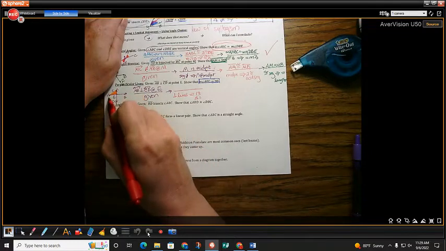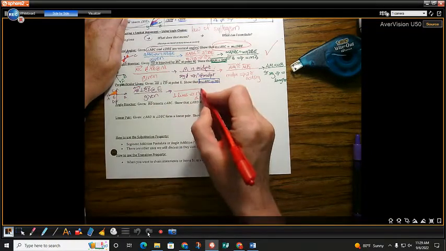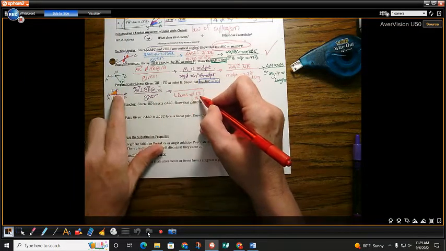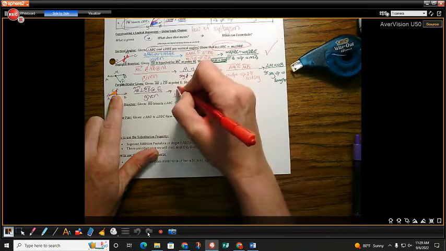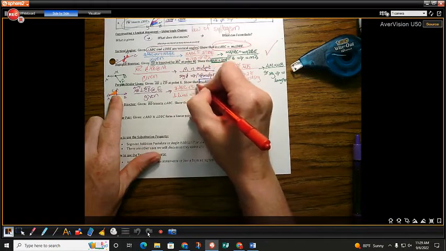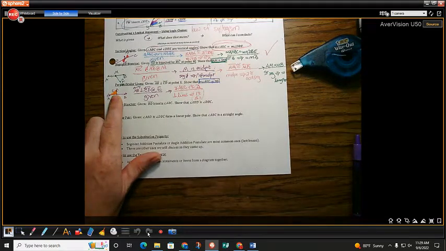Why don't I just say angle AEC is the right angle I can get to? If my perpendicular lines lead to right angles, I'm going to focus on that specific right angle. So angle AEC could be that right angle.